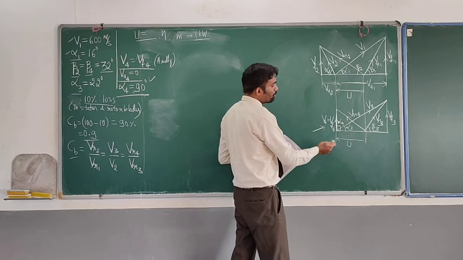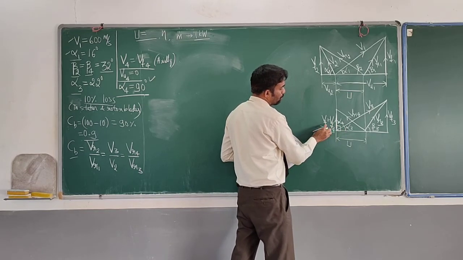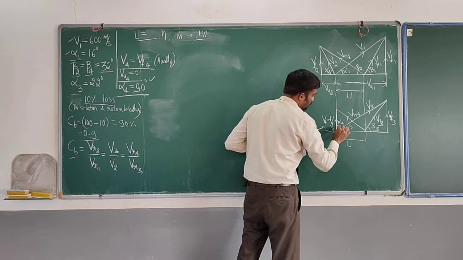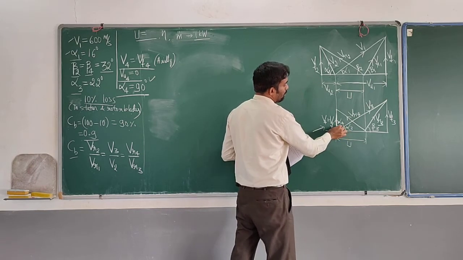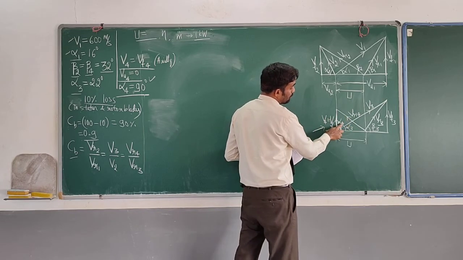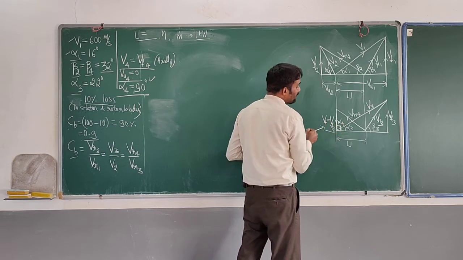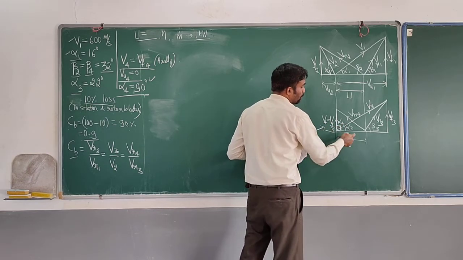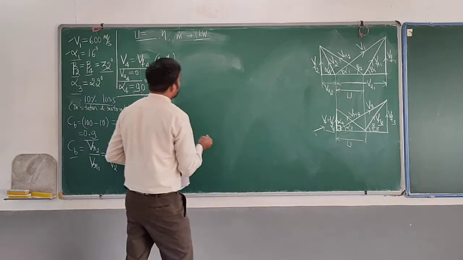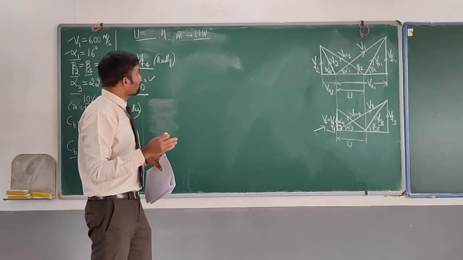Already it is marked that V4 is equal to Vf4. Further, the angle alpha 4, which is coming out, is 90 degree. It is marked over here. Like this we have to start. This is our reference point. Initially, as the value of u is not given, I have to take it as an assumed value.